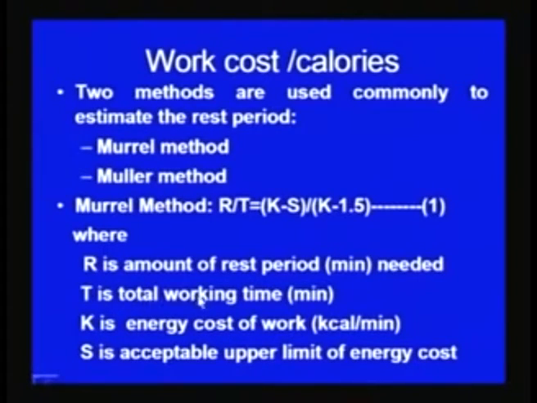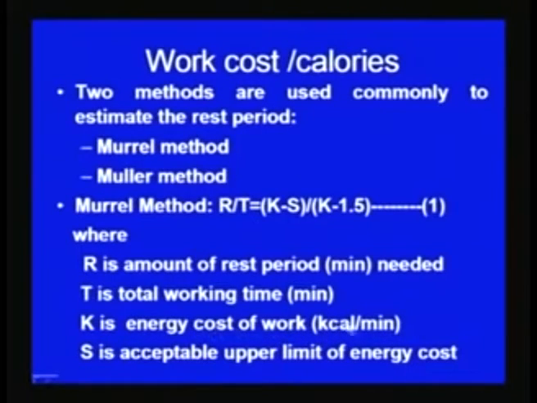T is the total working time in which work is done, it may be 1 hour, it may be 4 hours depending upon the work period, and K is the energy cost of the work, the amount of energy to be delivered by the worker for carrying out the given job, in kilocalorie per minute.